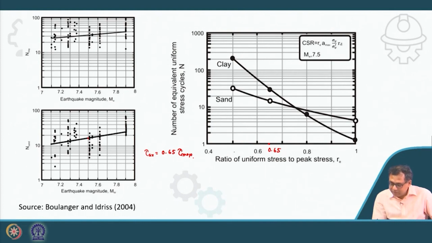If I take tau average as 0.5, 50% of tau max, then this difference will further increase. The number of uniform stress cycles for sand and clay will further increase.